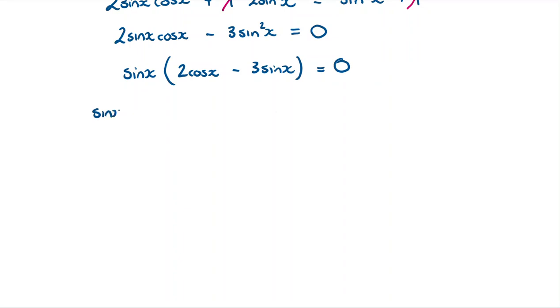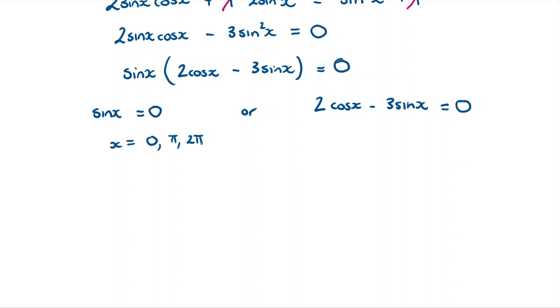Either sine x equals 0 or the 2 cos x minus 3 sine x equals 0. Now, sine x equals 0. What does x equal? 0. Good. Straight to radians. Nice. For the other one, sine and cos, which means I'm going to have to change something into tan here.